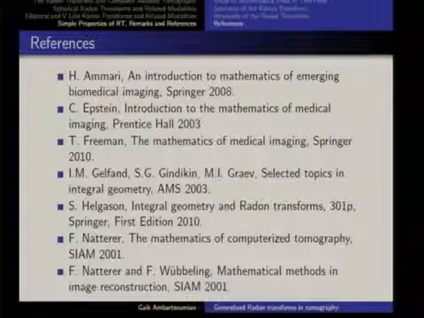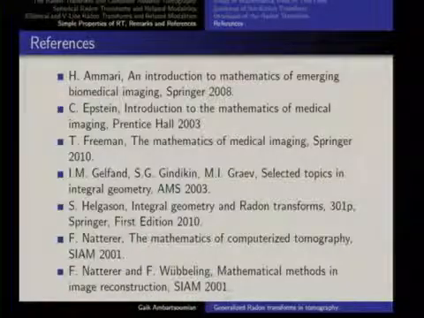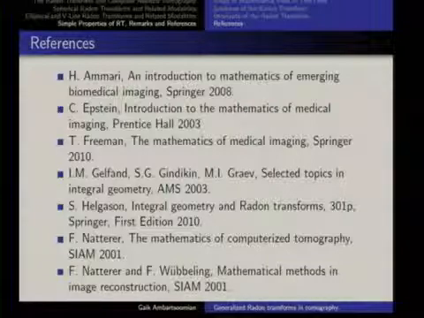Nice book, but a lot of things here are state-of-the-art, so this is not an introductory text. If you are more advanced and you want to see some more interesting developments, this is the book to look at.